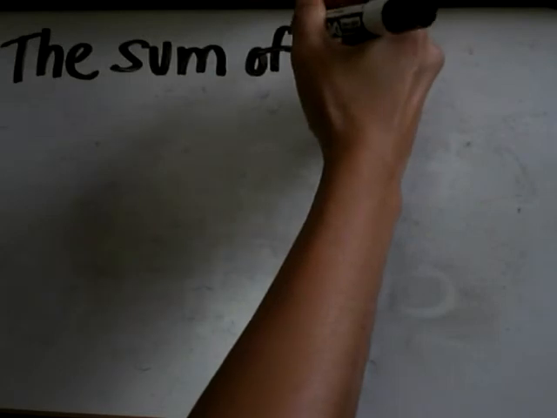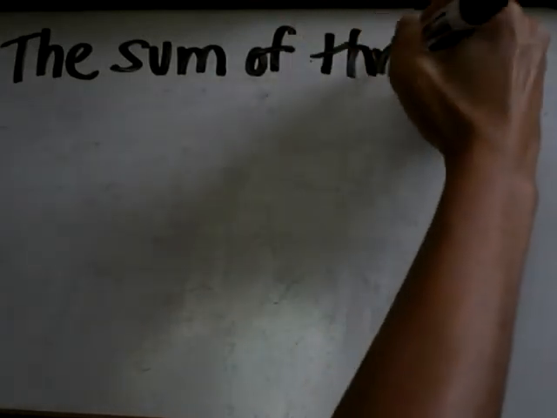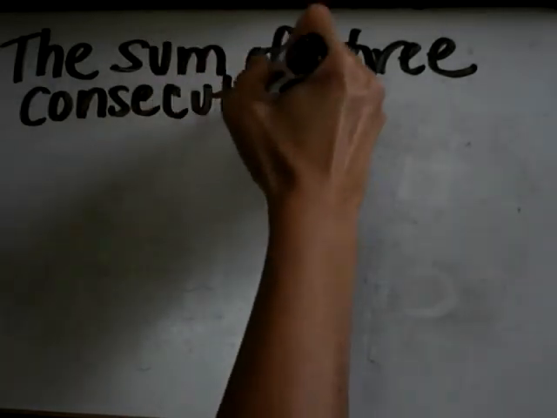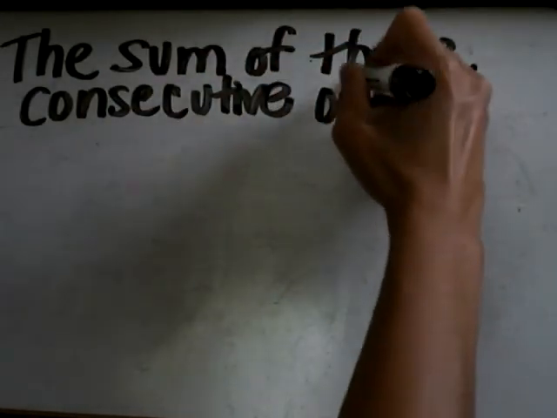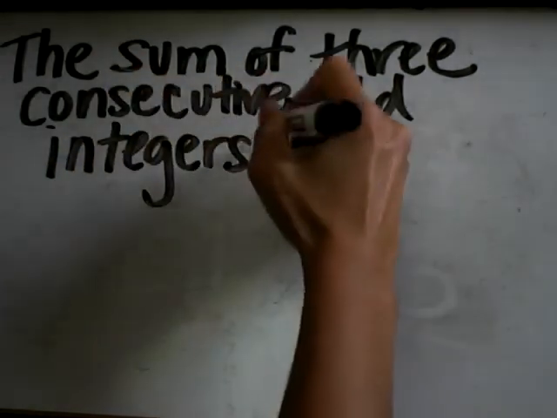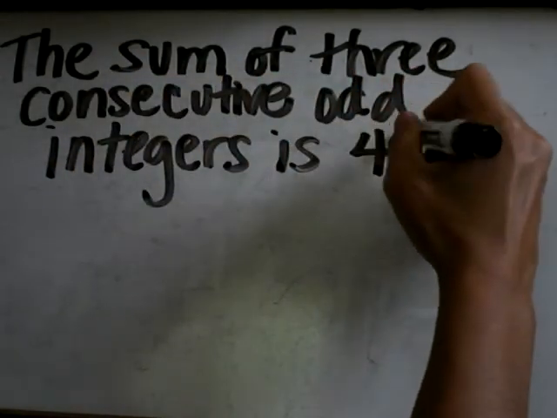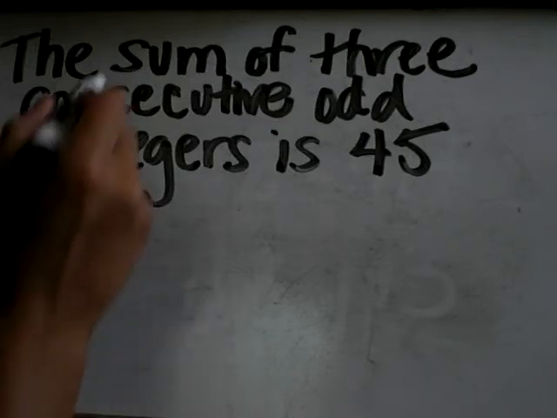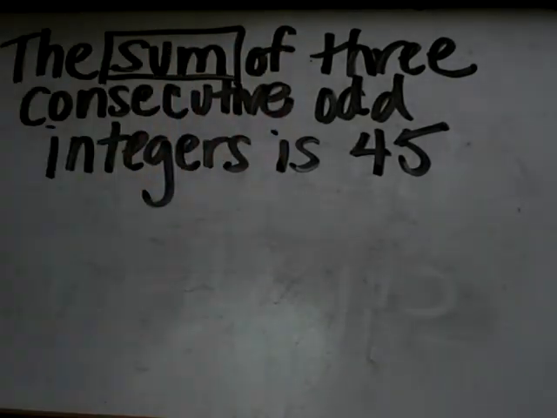The sum of 3 consecutive odd integers is 45. So here's a key word, sum. So we know that it's an addition problem.